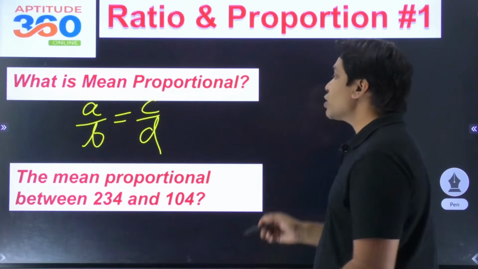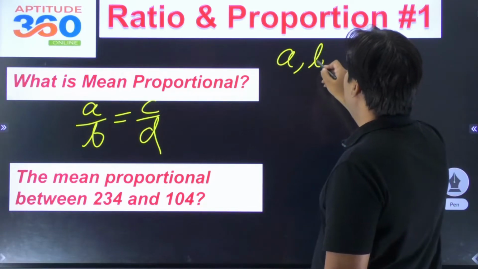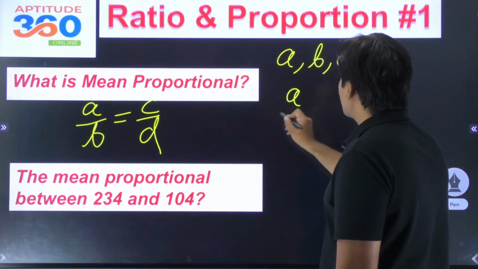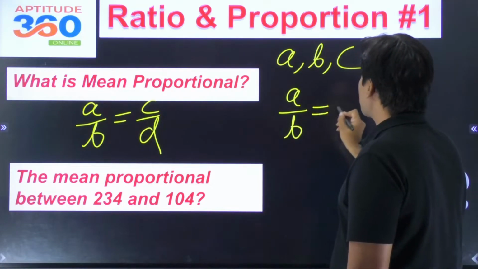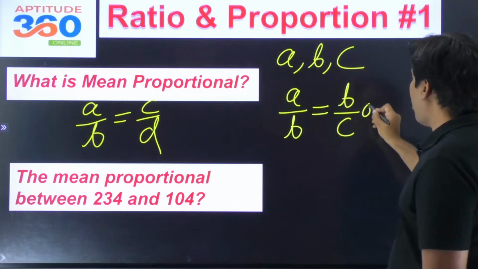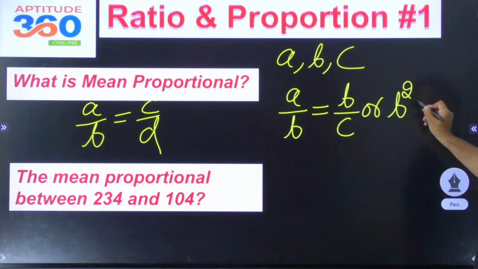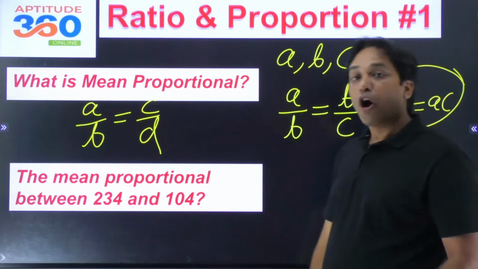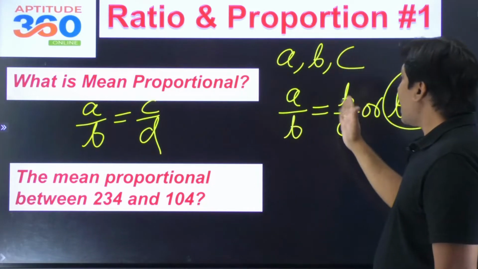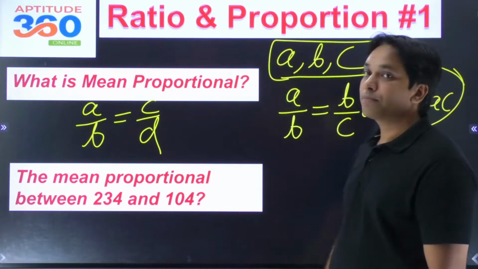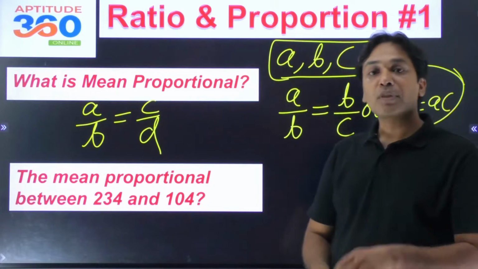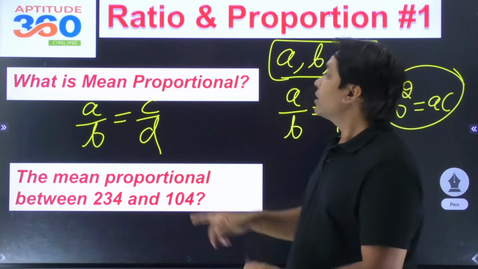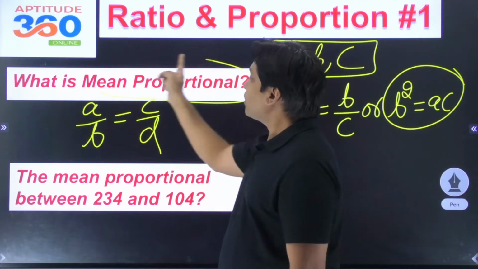But if you have a situation like this, A, B and C, then we have to write this one as A by B equals B by C, or you might write this one as B square is equal to AC, or you can also say that A, B, C are in geometric progression and B being the geometric mean of A and C.